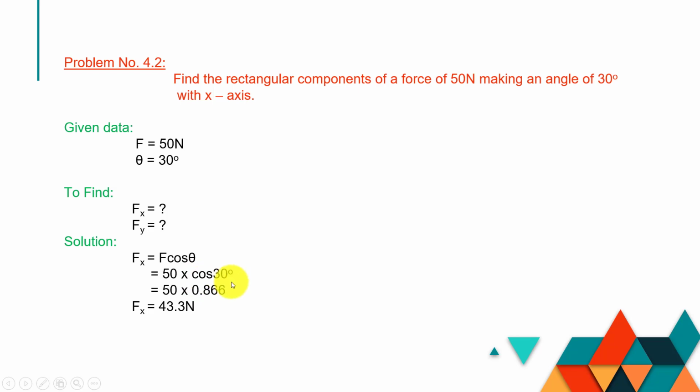By calculating cos 30 degree, we get 0.866 multiplied by force, which is 50 Newton. After multiplication, we get the value of Fx, which is 43.3 Newton. So the value of one rectangular component of force, Fx, is equal to 43.3 Newton.